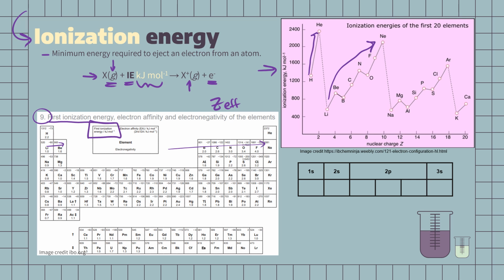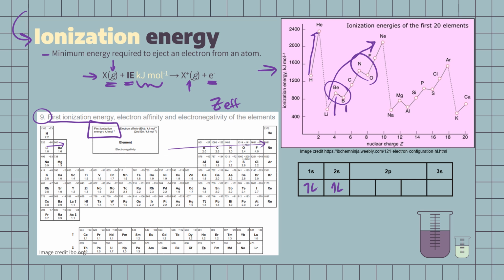Makes sense. There's some weird divots though, right? What's going on here? How come there is not a tidier trend? Well, let's look at electron configuration super quick. Beryllium has 4 electrons. It's going to have an electron configuration of 1s2, 2s2.